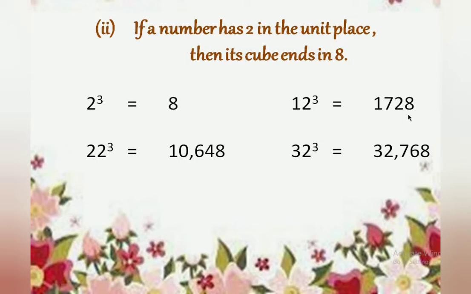The unit place is 8. What about 22 cube? 10,648. Here also 8 comes in the unit place. Then 32 cube, 32,768. The unit place there is 8 itself. So the property holds.